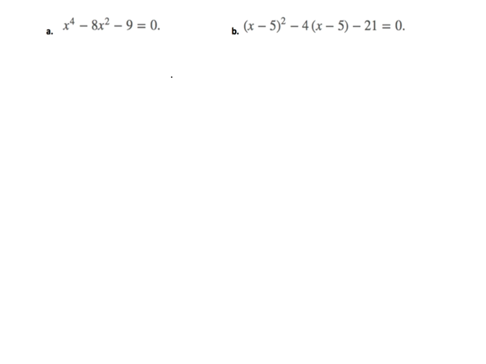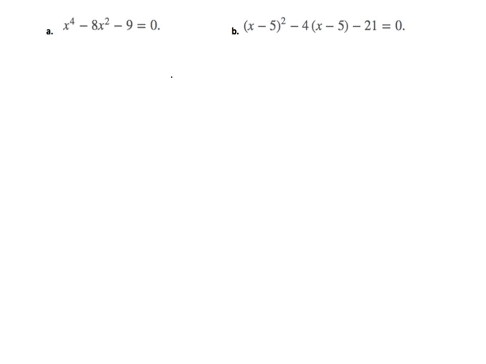Okay, so notice we have x to the 4th minus 8x squared minus 9. This is not a quadratic equation on the surface because to be quadratic, it has to have 2 as its highest exponent.